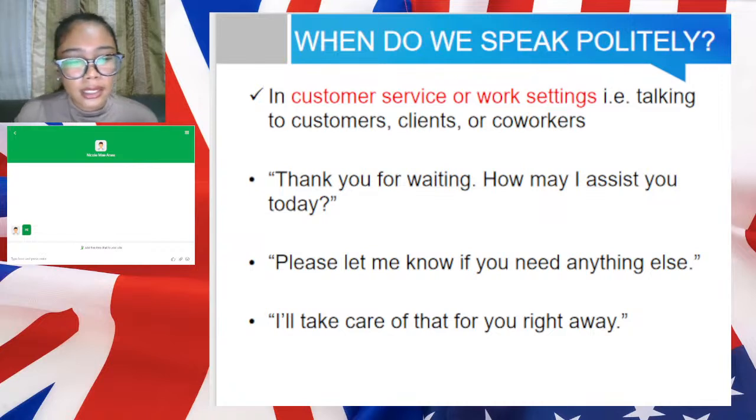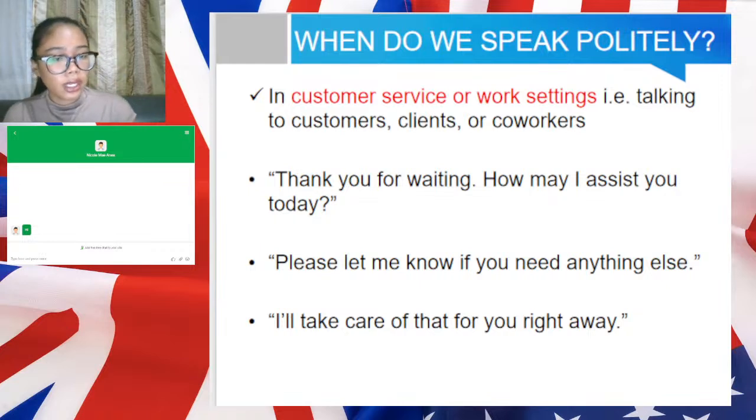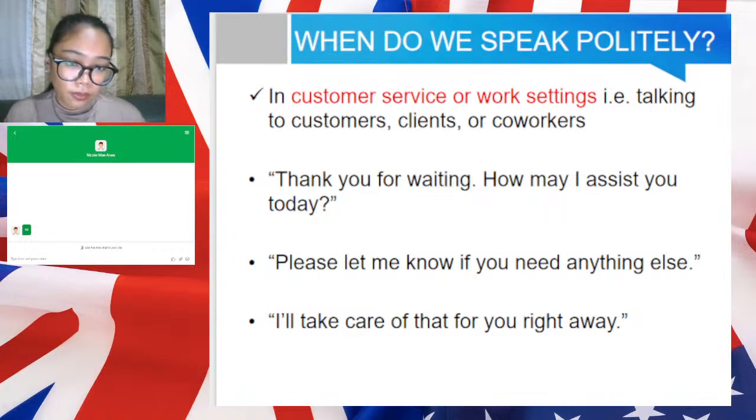You can say something like, "I'll take care of that for you right away," which sounds more reassuring and professional than just saying, "Okay, I'll do it." You can say that, but it's more polite to say the longer version. The extra words convey a sense of willingness and efficiency.